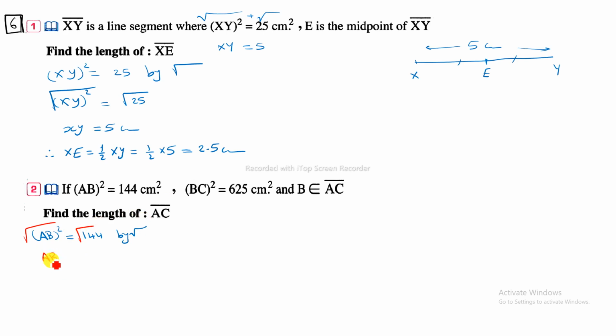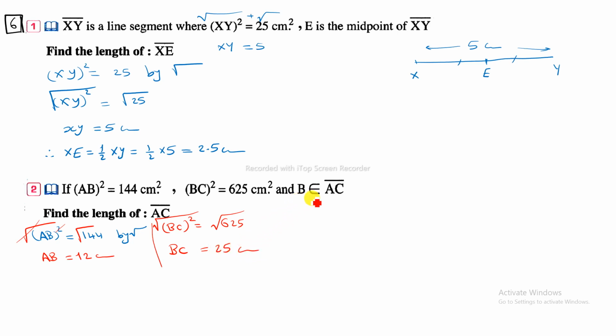So AB: the power 2 cancels with the root, so AB is equal to square root 144, which is 12 centimeters. Then we come to BC power 2 is equal to 625. By taking square root of both sides, BC is equal to 25 centimeters.